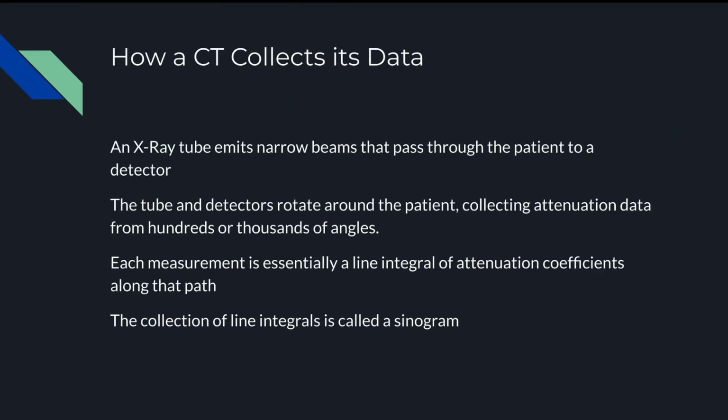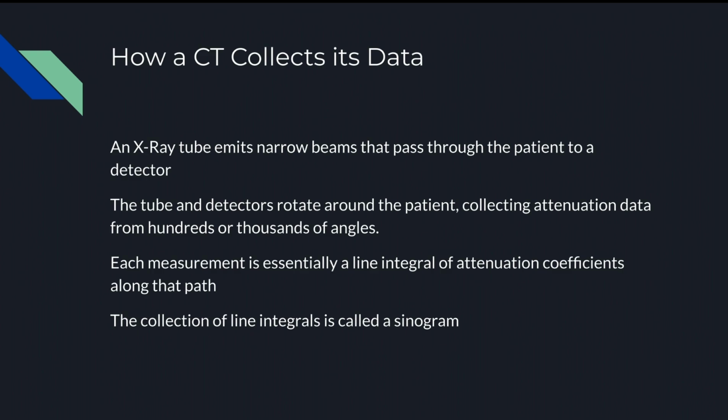So how a CT scan actually collects its data, if you've ever had one done, you lay on a table that goes through a giant tube, essentially, where hundreds of X-rays are taken that pass through the patient, and this tube internally rotates around them, collecting this attenuation data from various angles to get as comprehensive of a picture as possible.